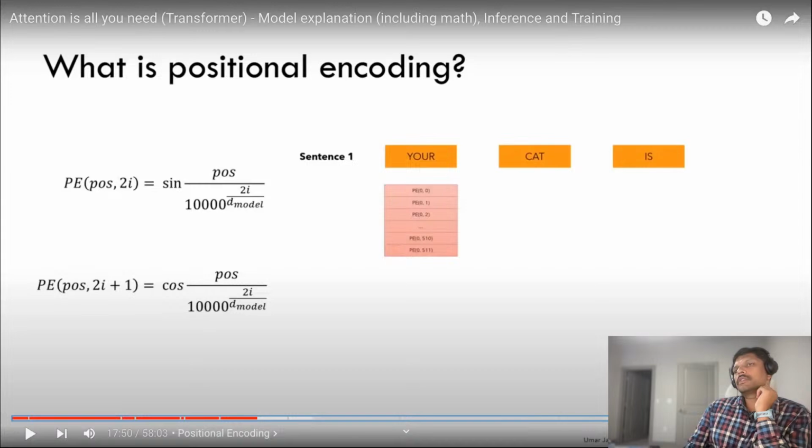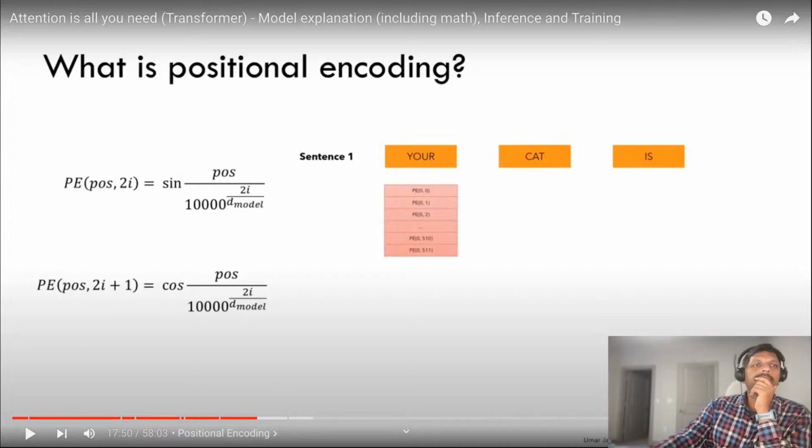Okay, for now, the first thing that we will learn is, first of all, the words sequence is taken.